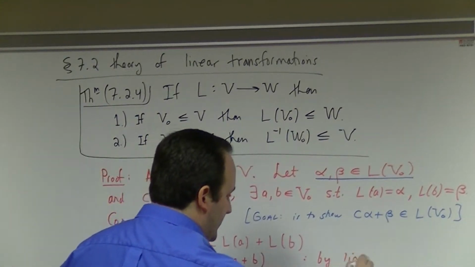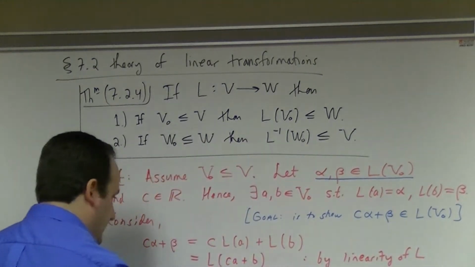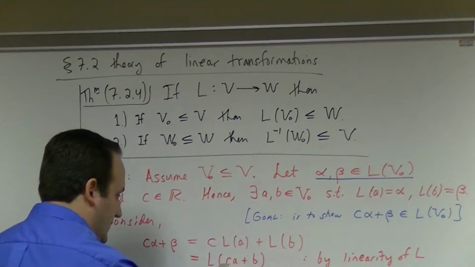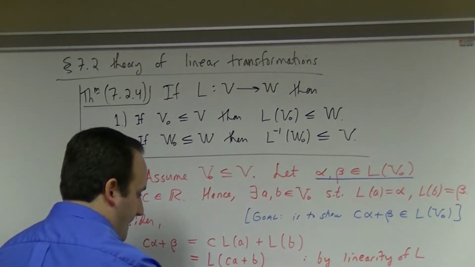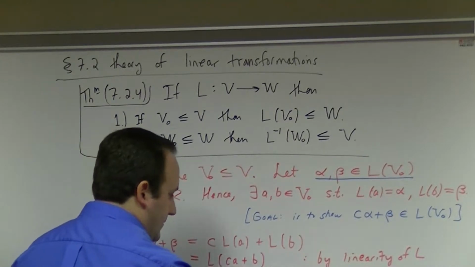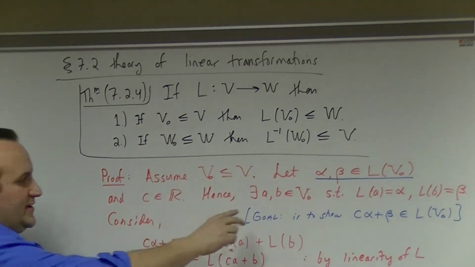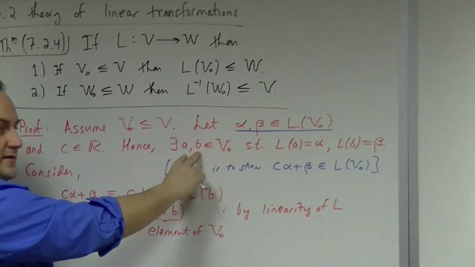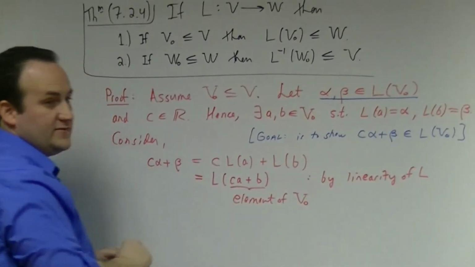And then what can I observe? This is an element of V naught. How do you know that? Because V naught is a subspace, and A and B are elements of V naught, and C is a scalar. Precisely. Because A and B are taken from V naught, a linear combination of them is again in V naught, because V naught is a subspace.